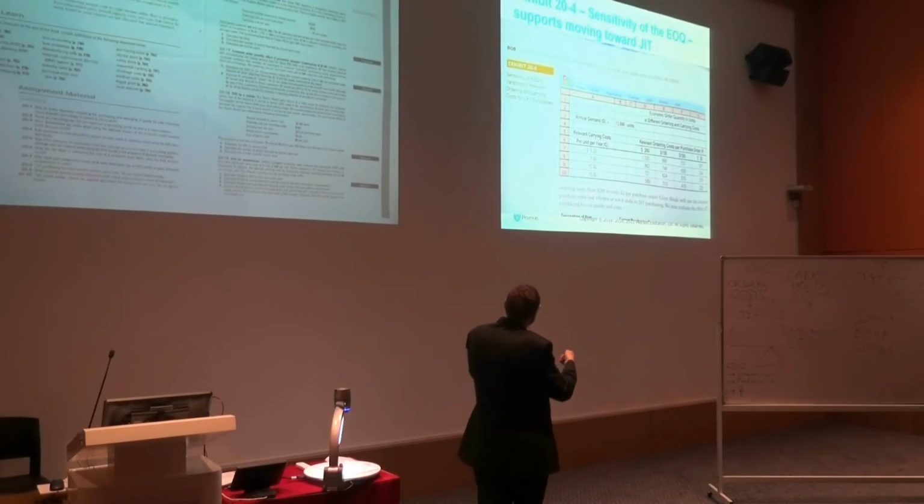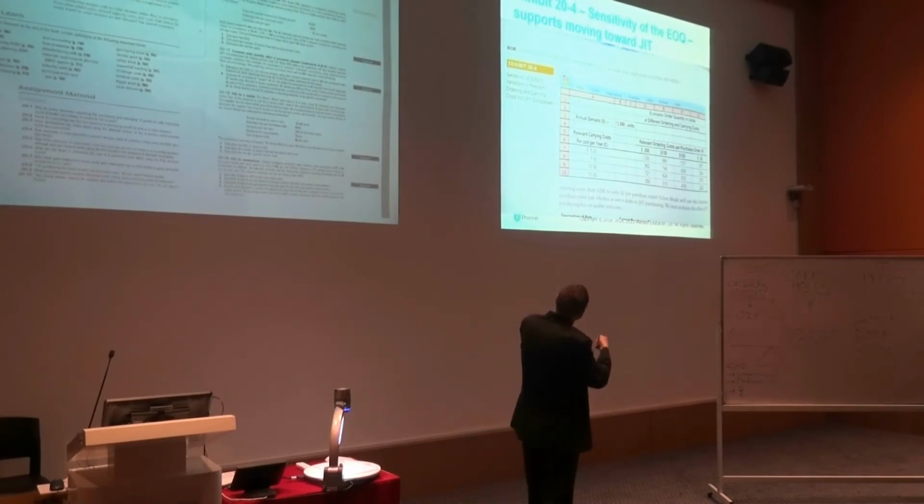So what is happening here? There's 13,000, but the relevant ordering costs per purchase order go from 200, 150, 100 down to 30, and the relevant carrying costs are 5, 7, 10 and 15. What we find is that the total cost of ordering diminishes as the carrying costs go up, but the actual purchasing is less.